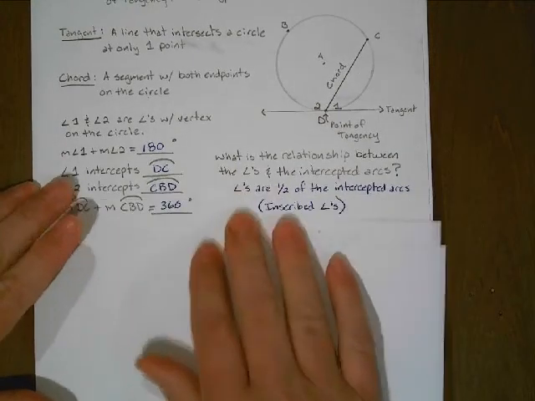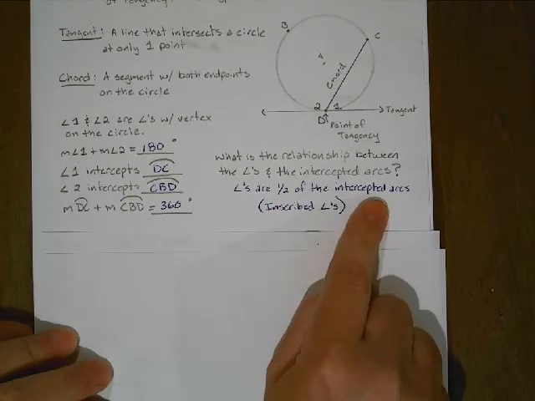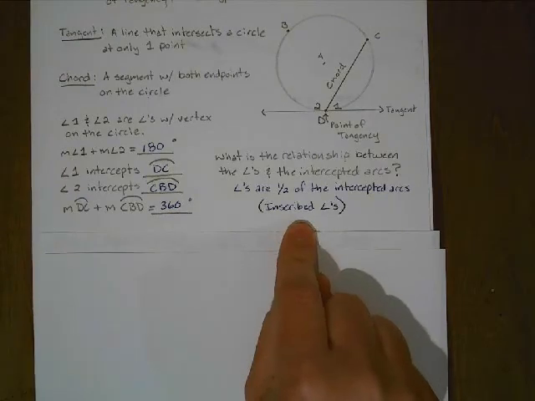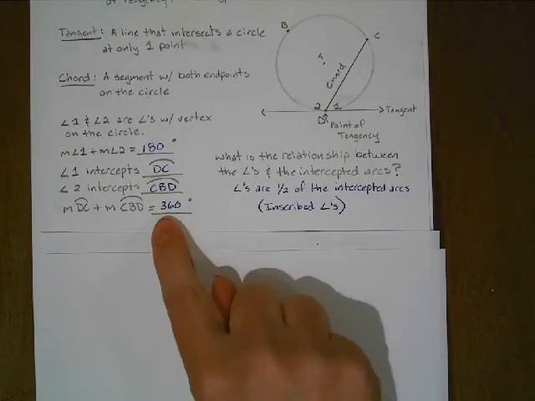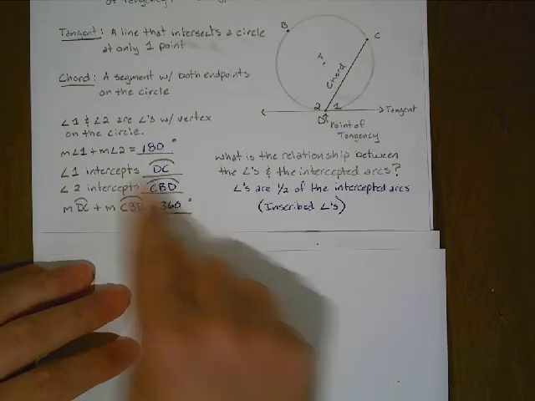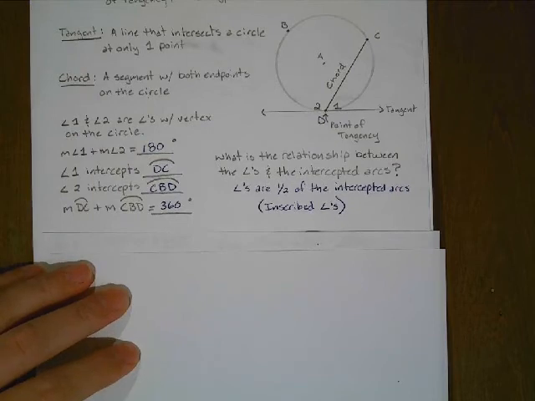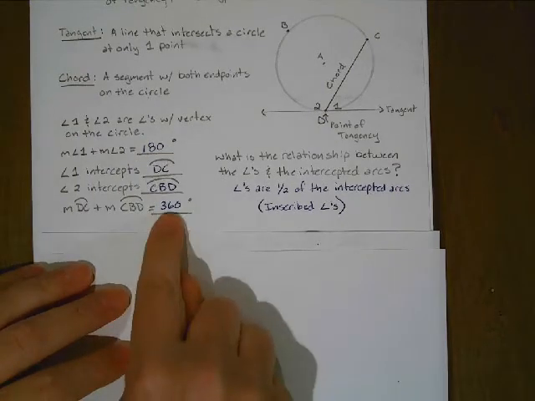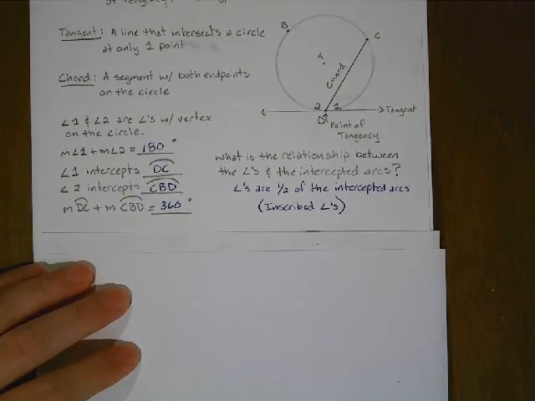So the angles are half of the intercepted arcs, meaning they're inscribed angles. We see that the arcs make up 360 degrees, and those two angles make up 180 degrees. 180 is half of 360. So that means those have to be inscribed angles. They're half.